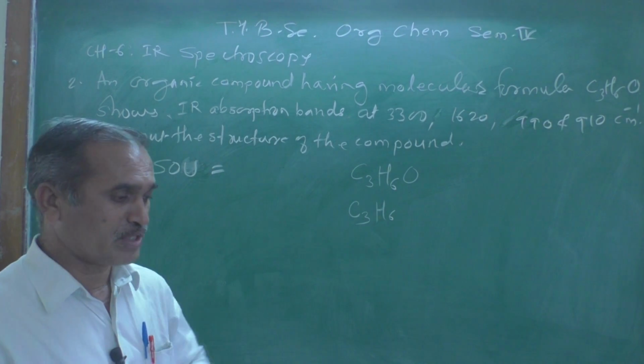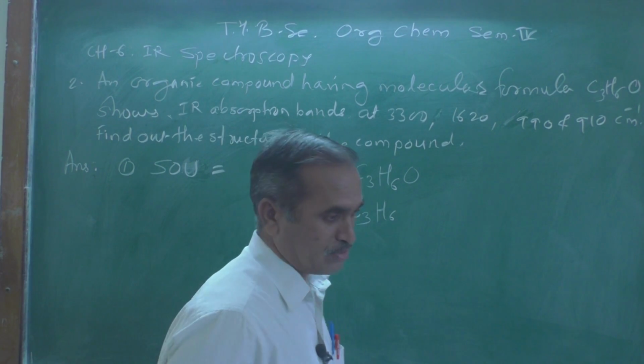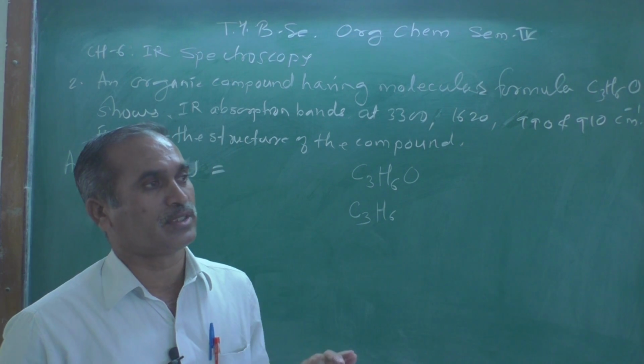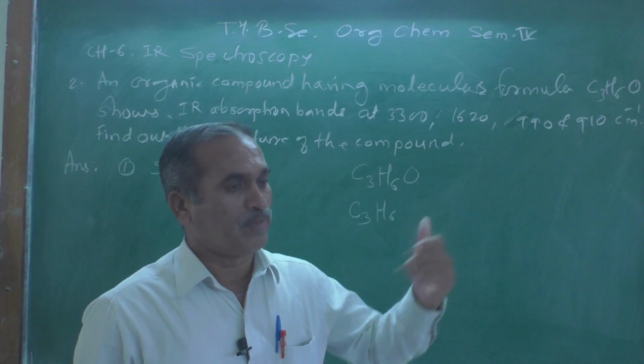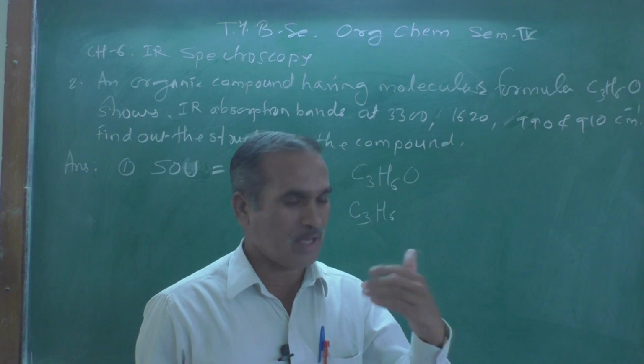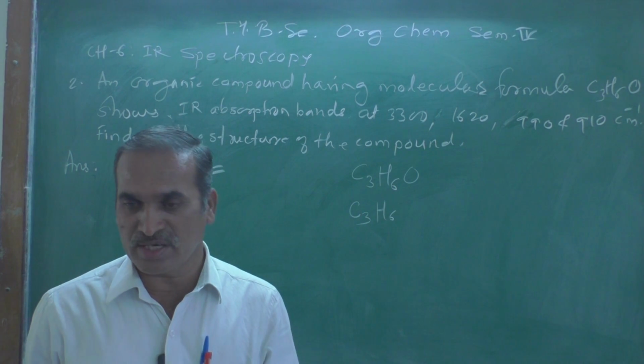C3H6 remains. And as we know, we are determining the sites of unsaturation. Unsaturation means the organic compound contains a carbon-carbon double bond, a carbon-oxygen double bond, or maybe a ring.